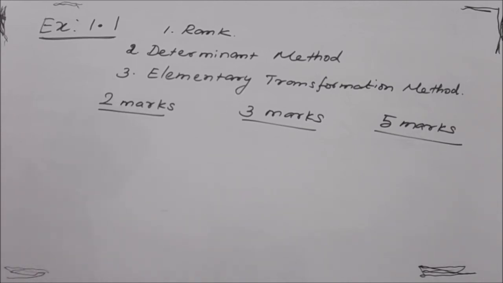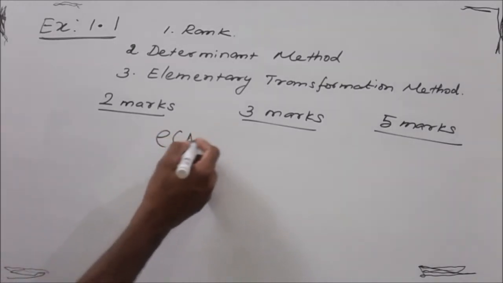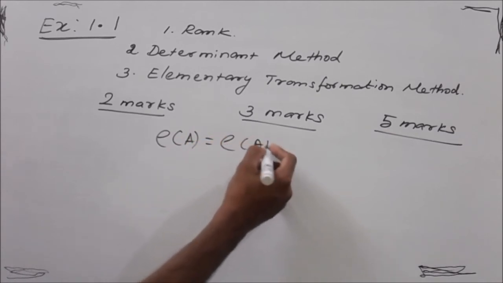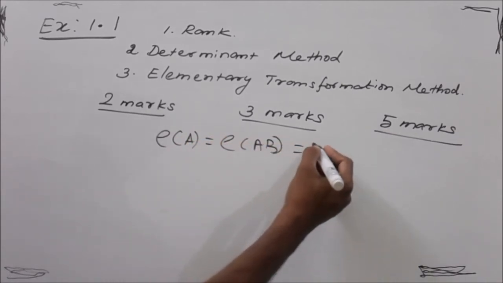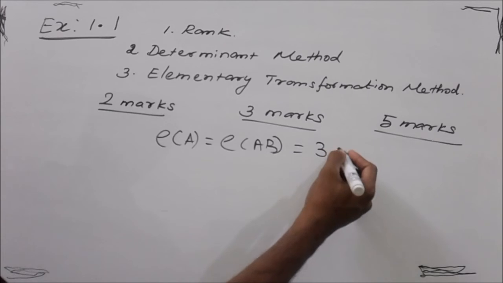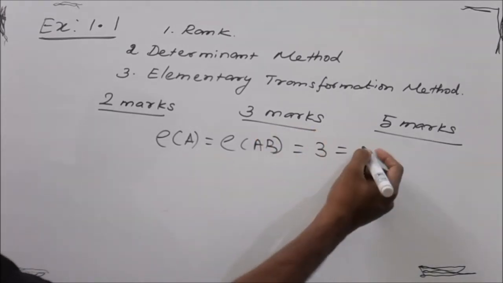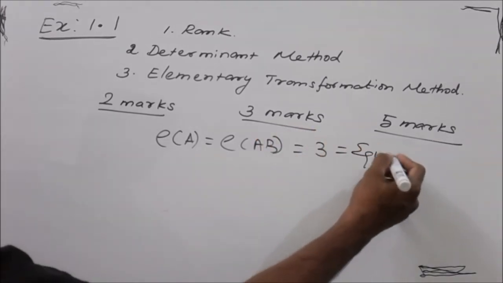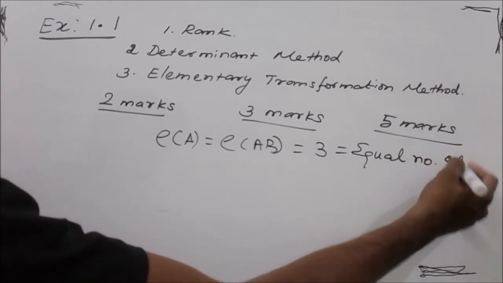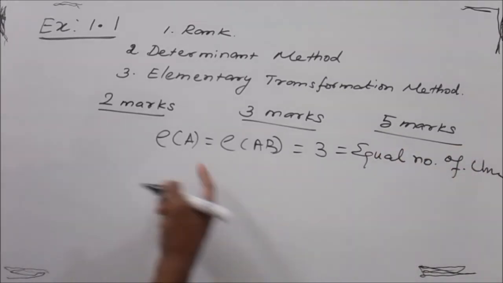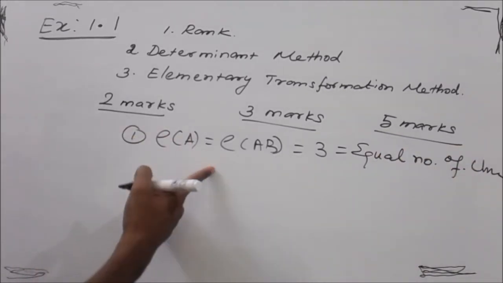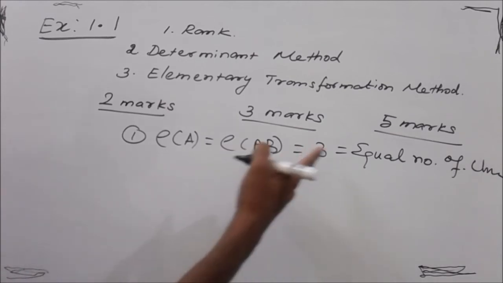After getting the echelon form, we give the solutions by the result: rank of A equal to rank of AB equal to the number of unknowns, that is n, here 3. The system is consistent and has a unique solution.